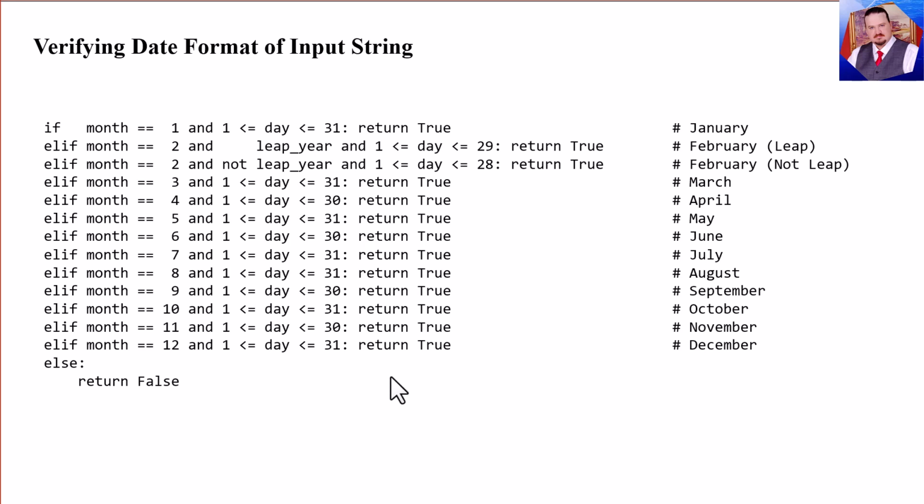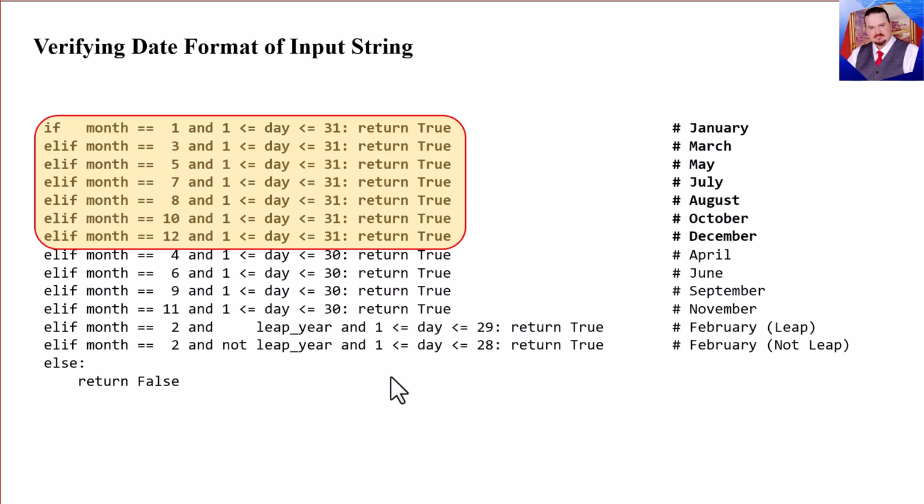No substantive difference. Now, you can see when you look at the original writing where you have all the 31 days first, you may think that this could be compactified. It can. So we write a different logical structure and not have 6 elif clauses to handle the months with 31 days.